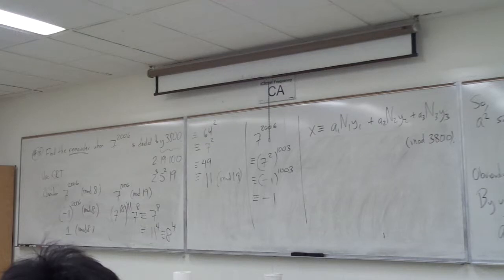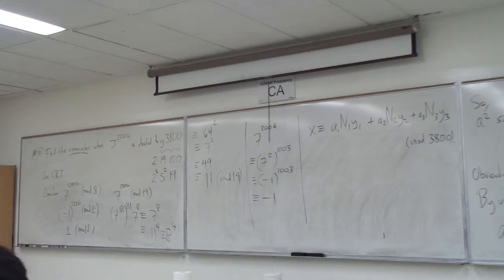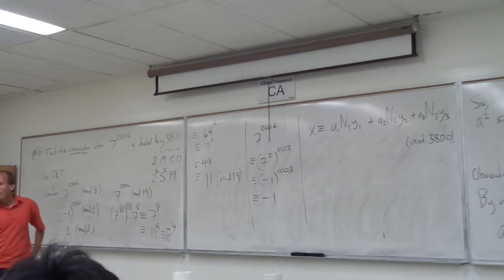Okay. Let's see. N2, for that I multiply the first and last mod, so 25 times 8 would be 200. And N3 would be 19 times 8.